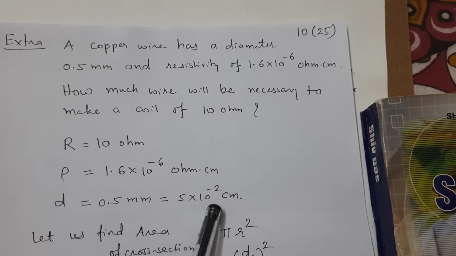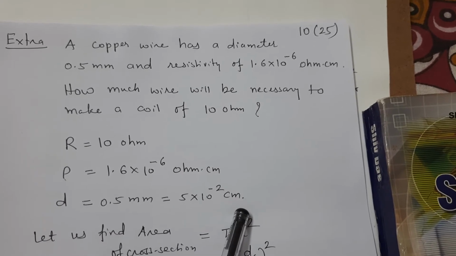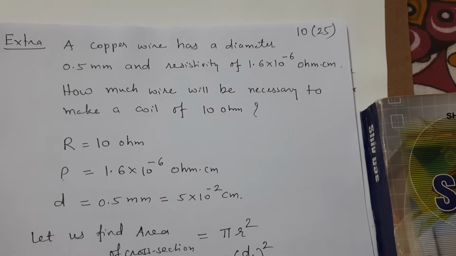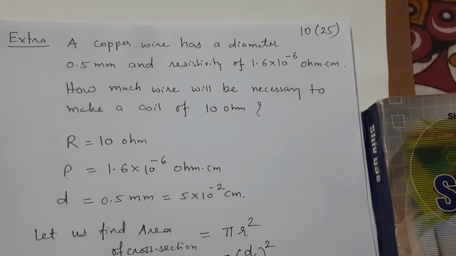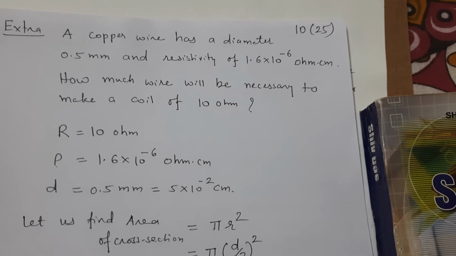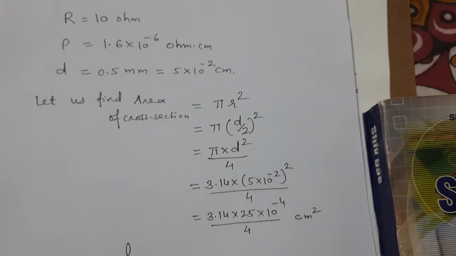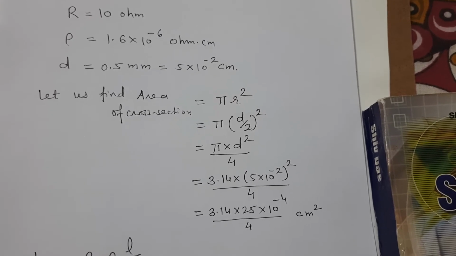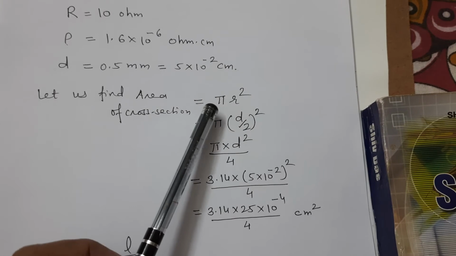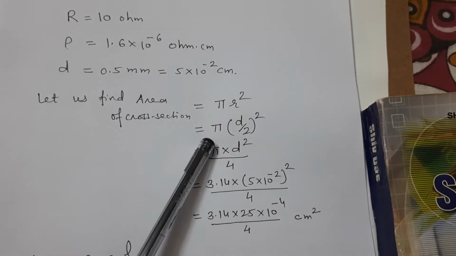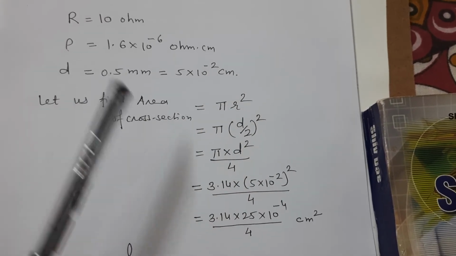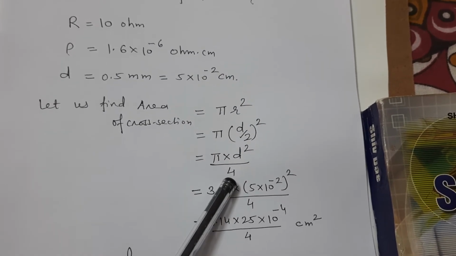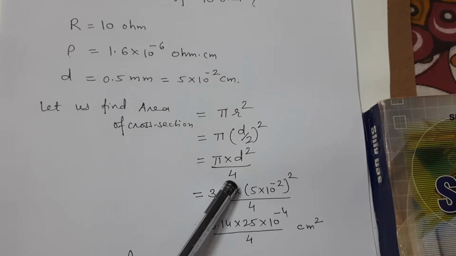So 5 into 10 raised to minus 2 centimeter. If you remember, when mm is converted into meter, we write 10 raised to minus 4. Here we have converted into centimeter, so 10 raised to minus 2. Now let us find the area of cross section. We know that area is pi r square, so pi into d by 2 whole square, because diameter is given. So pi into d square upon 4. That calculation is simple; I think you will be able to understand.